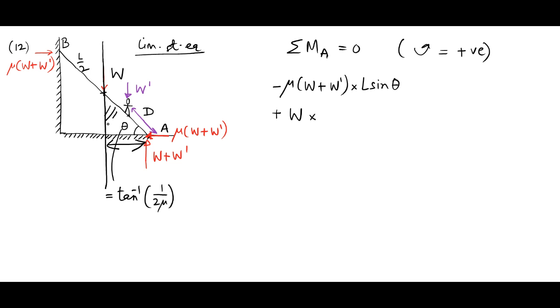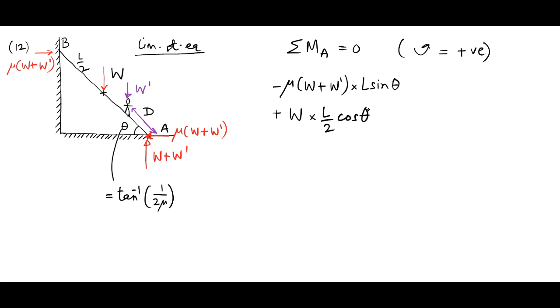So if you consider this right angle triangle, the hypotenuse is L by 2 and the angle at the base, the bottom, is theta. So naturally the relevant distance is going to be L by 2 times cos theta.